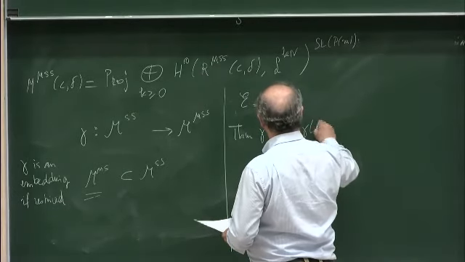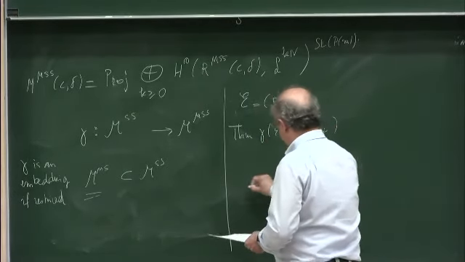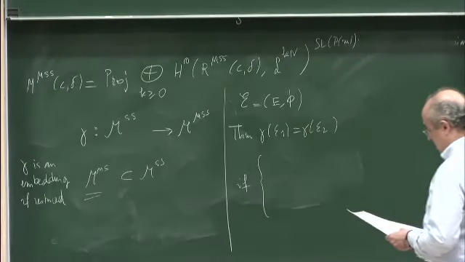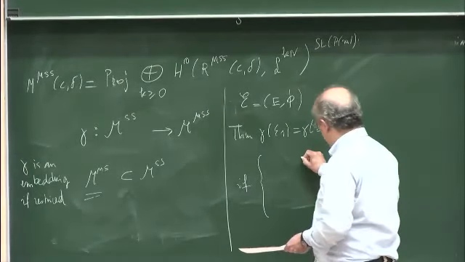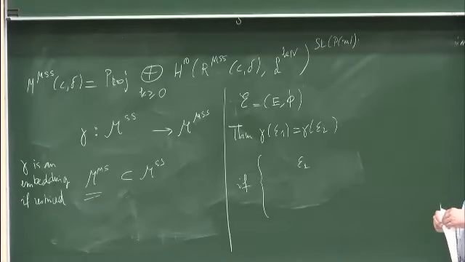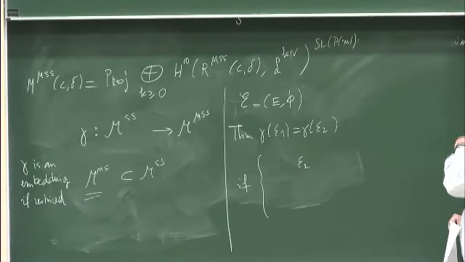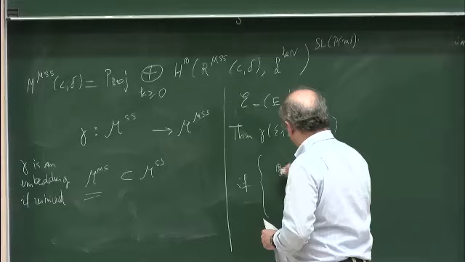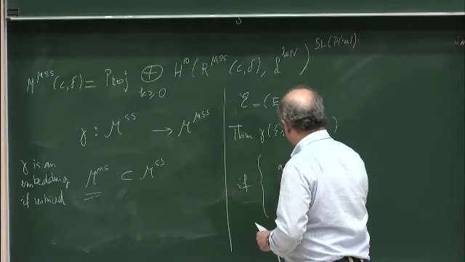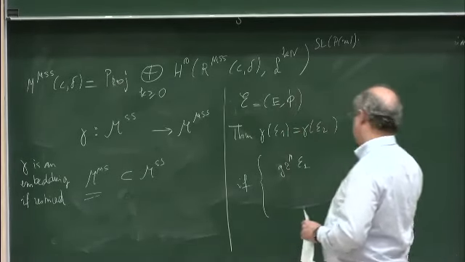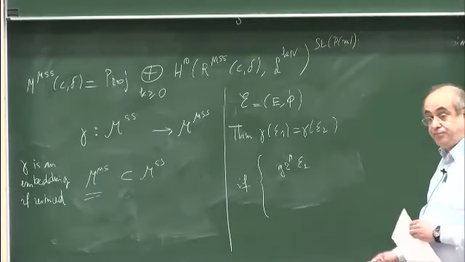E1 and E2 are in the same fiber if two things happen. The first thing is the following. You take, say, E1, you compute its Jordan-Hölder filtration. You take the graded object in this sense, and you take the double dual.